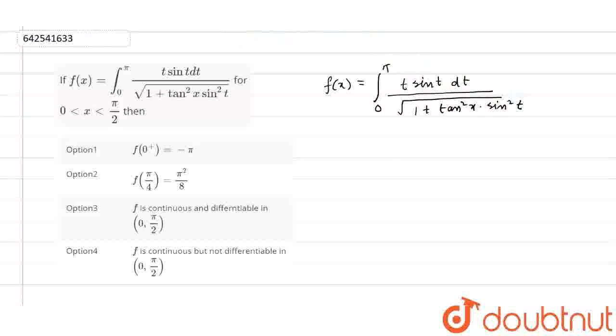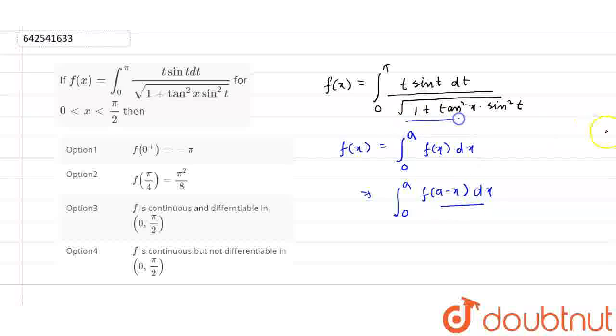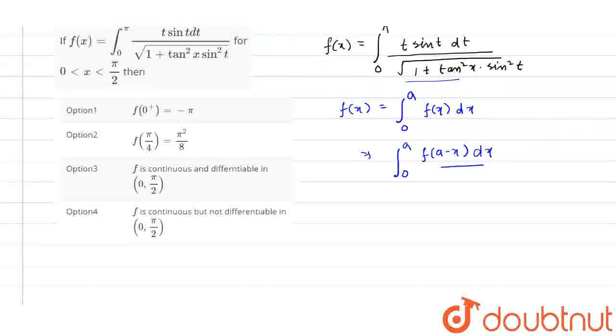And we have a property that integration 0 to a f(x) dx can be written as integration 0 to a f(a minus x) dx. So by this property we can write this as f(x) integration 0 to pi.